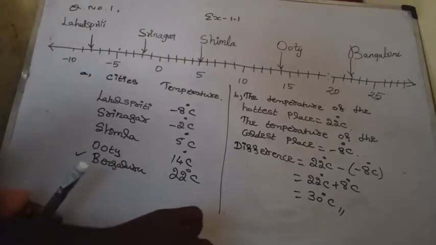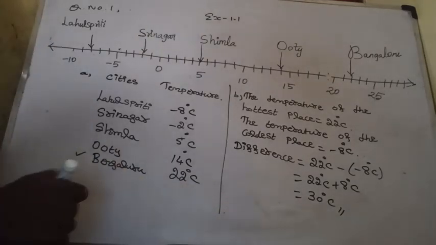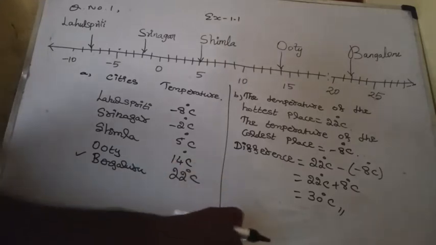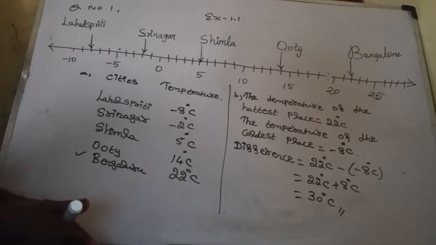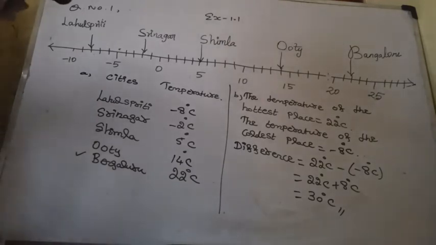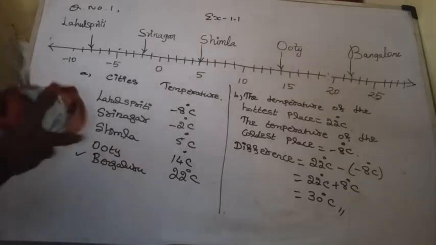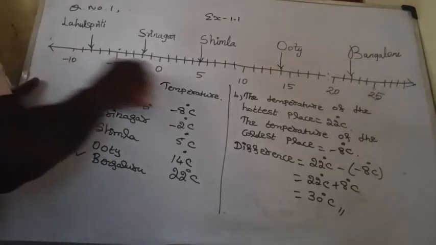Shall we move to the third part now? Yes. Now read out the third part. What is the given question? What is the temperature difference between Lahaul Spiti and Srinagar? Okay. Shall we move? Yes. C part.